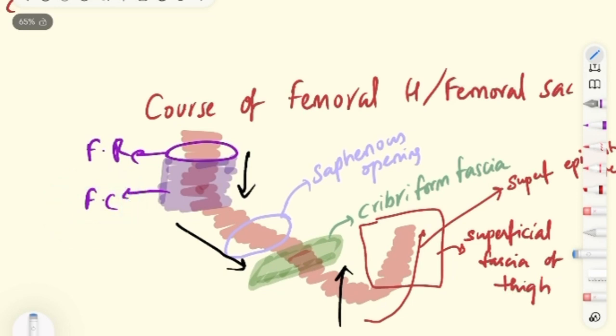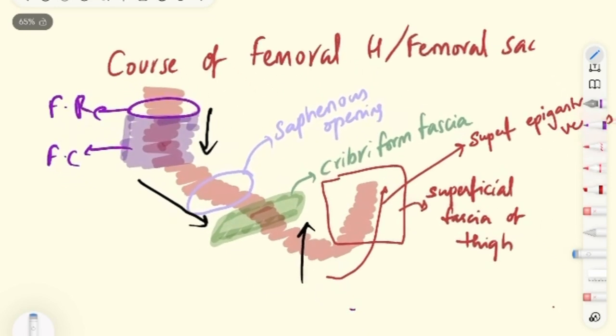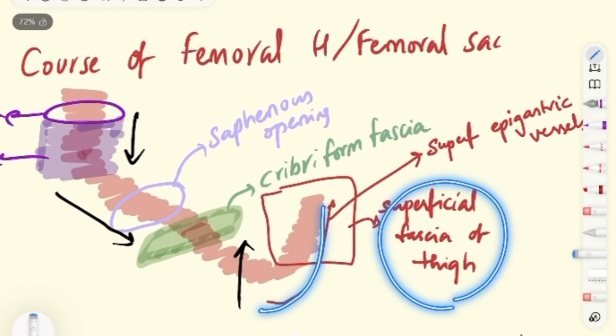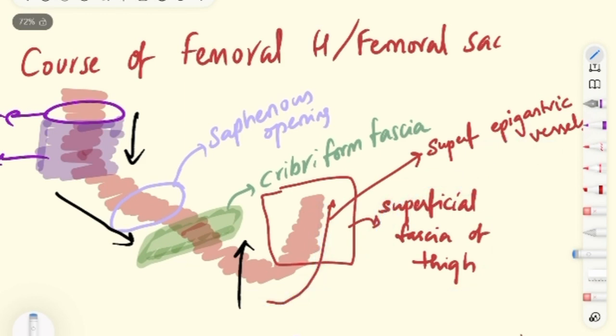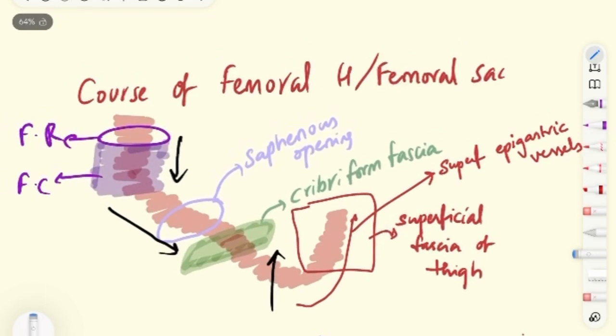It passes downwards through the femoral canal. Then it moves forwards and enters through the saphenous opening, right? And then it pierces through the cribriform fascia, bulges forwards, and then moves upwards into the superficial fascia of the thigh, along with the superficial epigastric vessels. So, this is the course of the femoral hernia or the femoral sac.